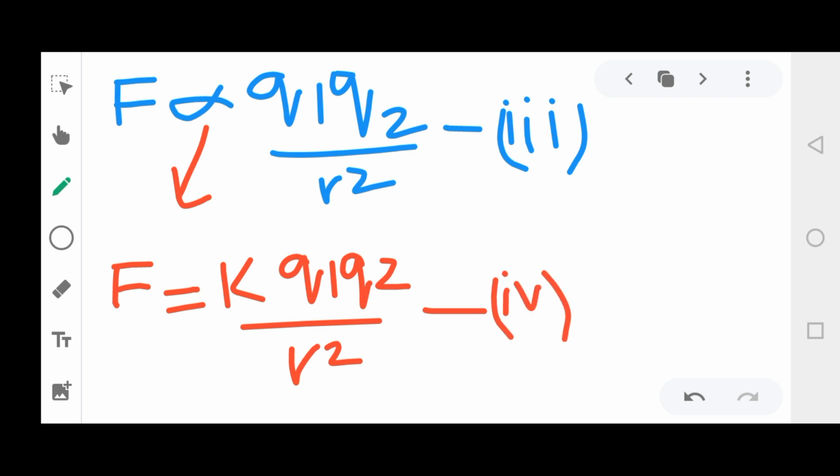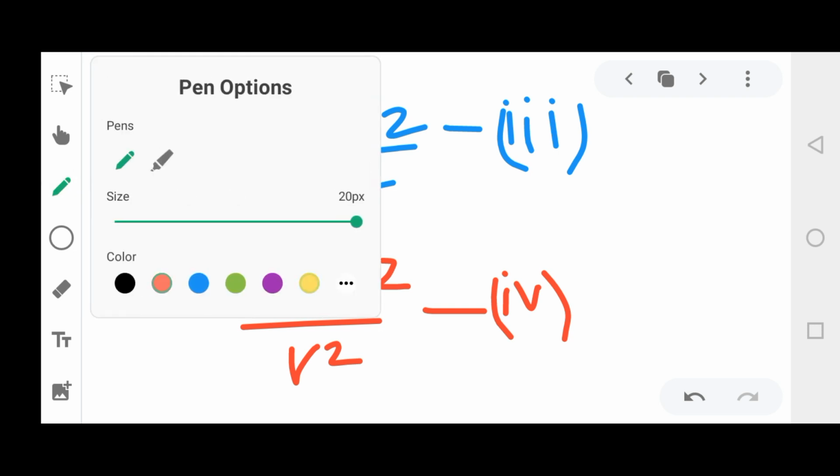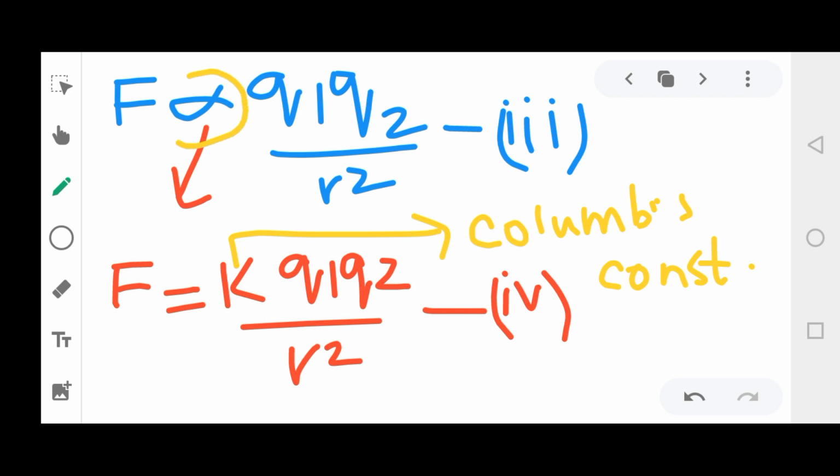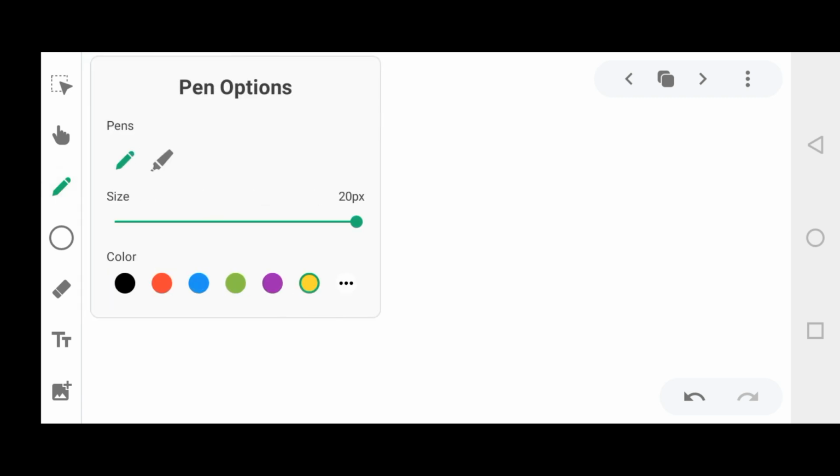So what is this k? This k is basically nothing but Coulomb's constant, because we have removed the proportionality sign, we get a constant. After experimentation, scientists came to know that k is equal to 1 over 4 pi epsilon naught. And what is this epsilon naught?